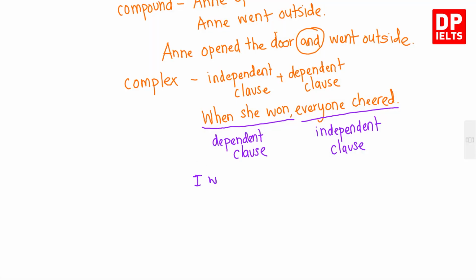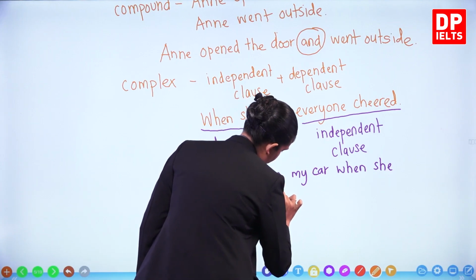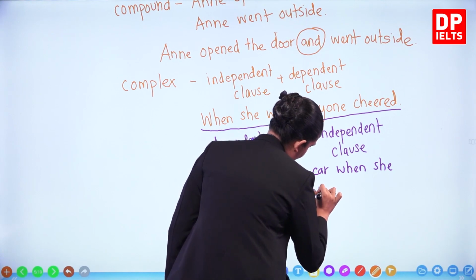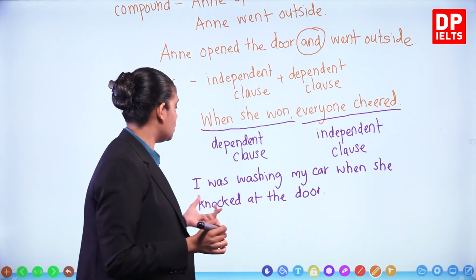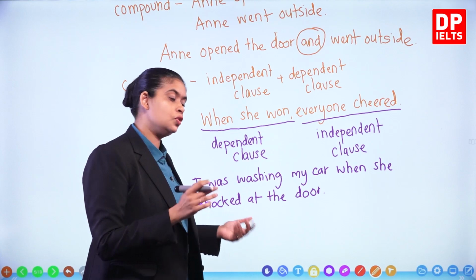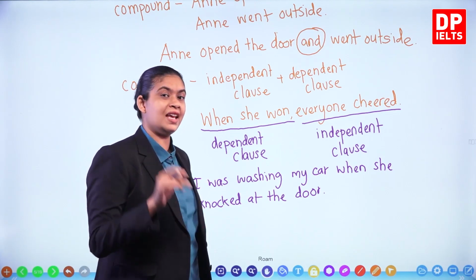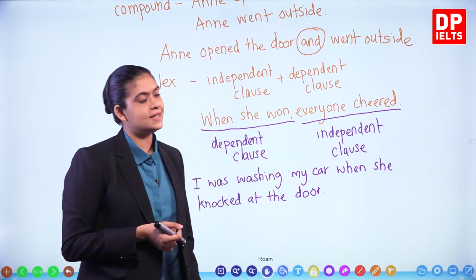I was washing my car when she knocked at the gate, or when she knocked at the door, right? So was, washing, knocked, again two different tenses but used accurately in one sentence.